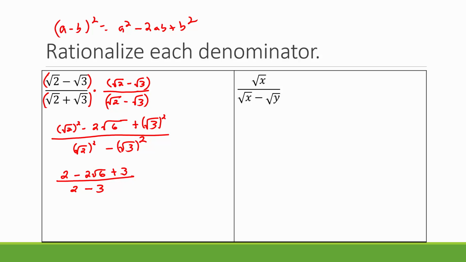Okay, let's combine the like terms. 2 plus 3 in my numerator is 5. 2 minus 3 in my denominator is negative 1. So I can divide each one of those by negative 1, which would simply change both of those signs. So I end up with negative 5 plus 2 times the square root of 6.